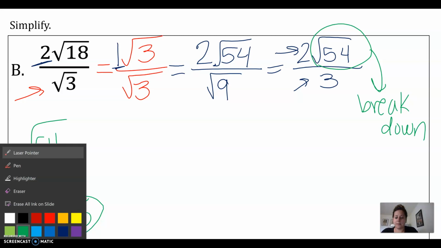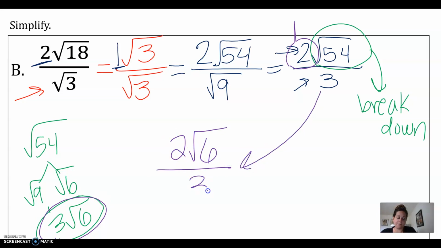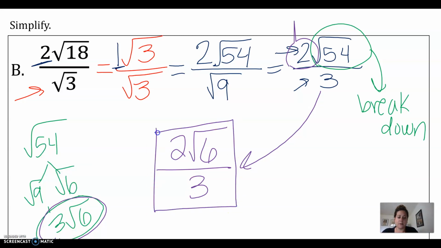But I have this 2 right here. So this 2 with this is going to become 6 radical 6, divided by, well, my 3 can't really do anything. Look at my 2 and 3. Can't reduce those. So I'm pretty sure my answer is going to be 2 times the radical of 6, all divided by 3.